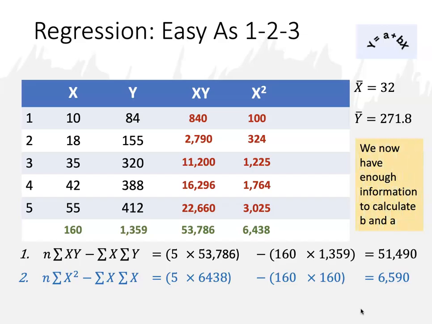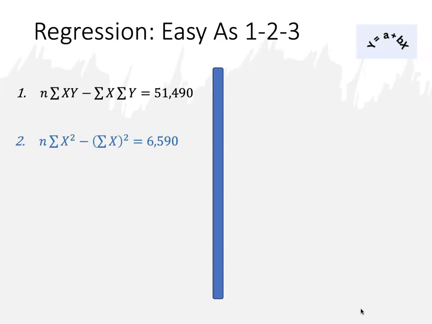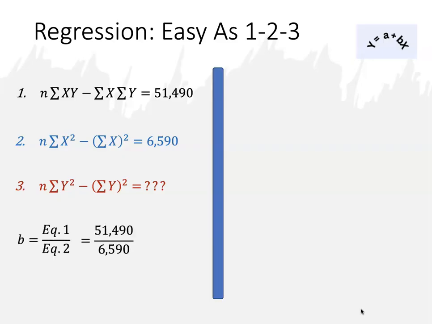At this point, we have enough to find b and a, because b is equal to the result of equation 1 over the result of equation 2. So here goes. We don't know equation 3 as yet, but we don't need it yet. So b is 51,490 divided by 6,590, giving us 7.8. a is equal to the average for y minus b times the average of x.